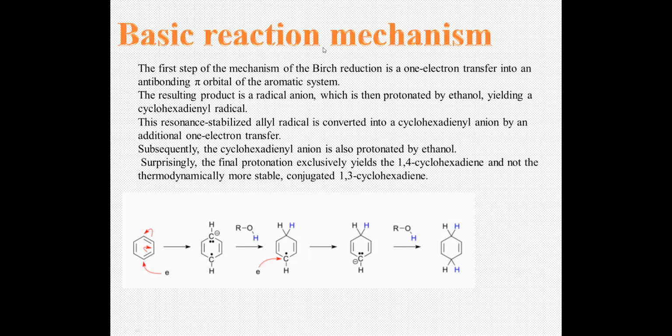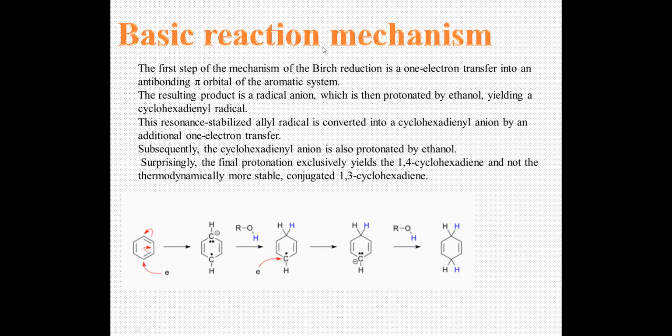The cyclohexadienyl radical anion gets protonated by your ethanol. Again, leads to a formation of your cyclohexadienyl radical. Again, there is a single electron transfer to give you a formation of your cyclohexadienyl anion. Next is again protonation by your alcohol. This leads to a formation of your 1,4-cyclohexadiene.